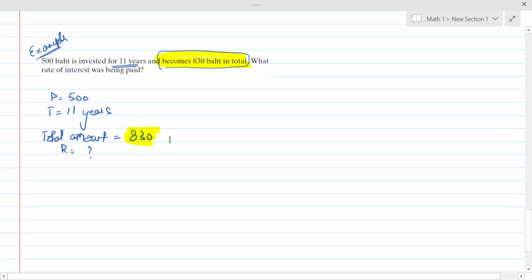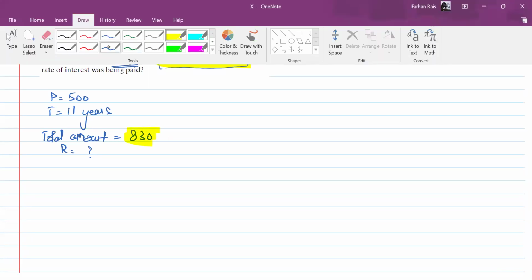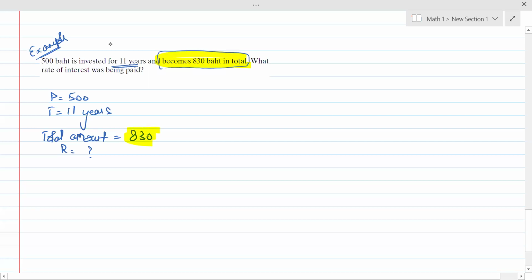Since the total amount is given to us, we will start with the total amount formula. Total amount, we know, is equal to principal plus the simple interest. Total amount is 830. So 830 is equal to principal, which was 500, plus the simple interest.